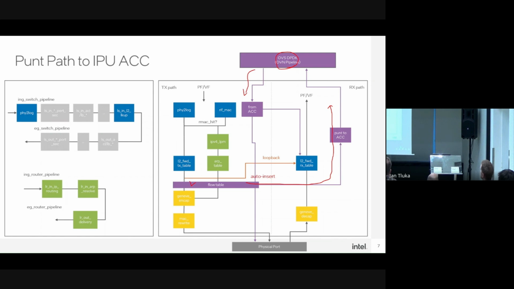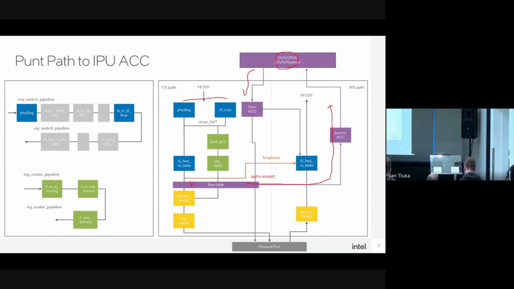At this point, since the full packet processing is done by the OVN pipeline in OVS, the packet doesn't need to be reprocessed through the layer 2 and layer 3 tables in IPU FXP here.